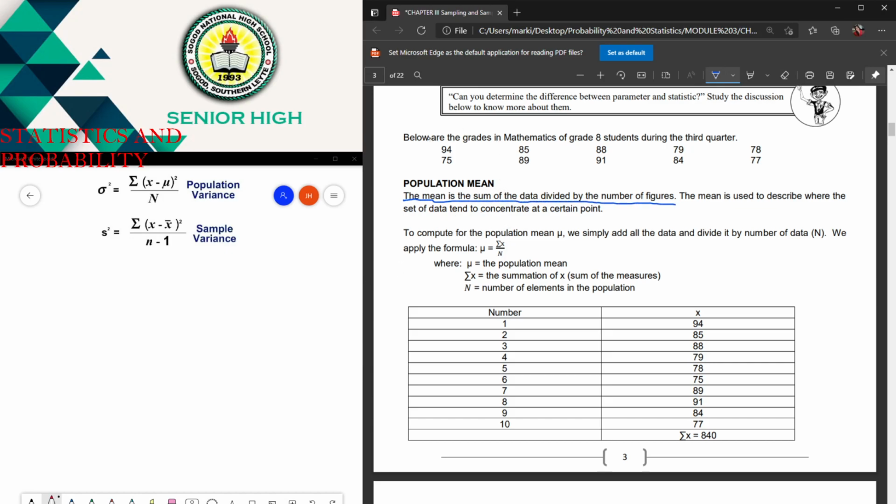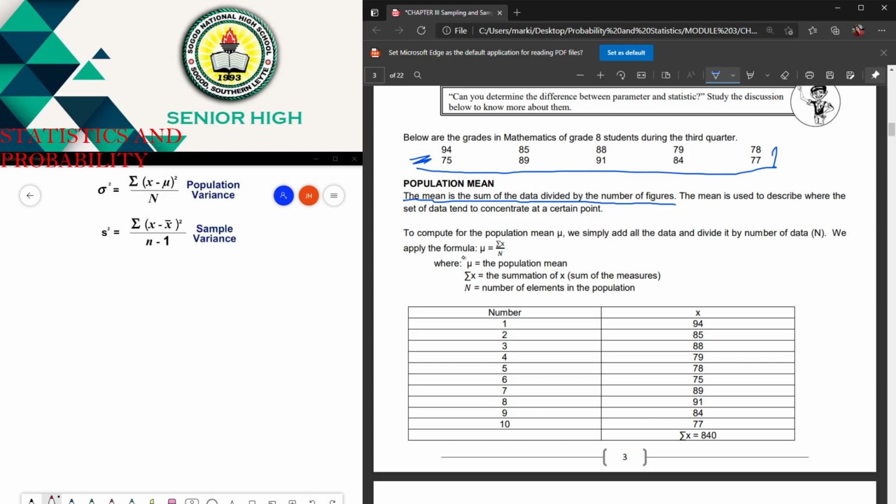Again, how are you going to get the mean? You sum all the grades here, and then divide by the number of figures. When you say the number of figures, how many figures are there? There are 10. The mean is used to describe where the set of data tend to concentrate at a certain point, meaning how you can say this is the center or where most of the scores are.